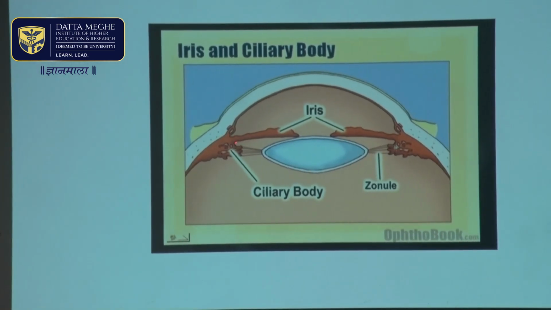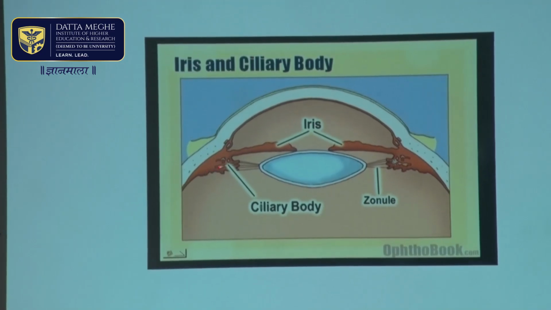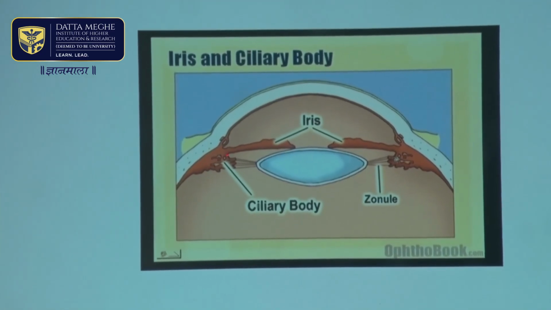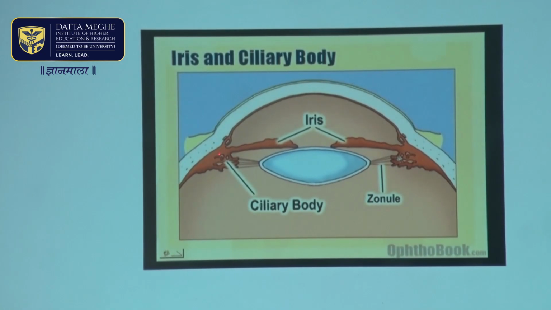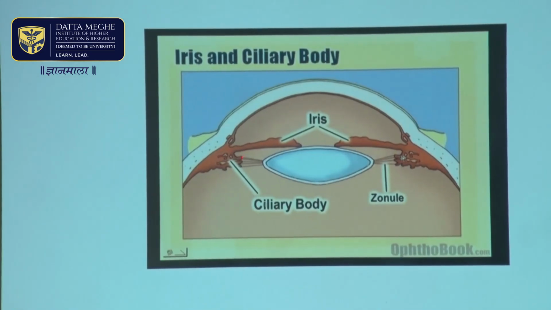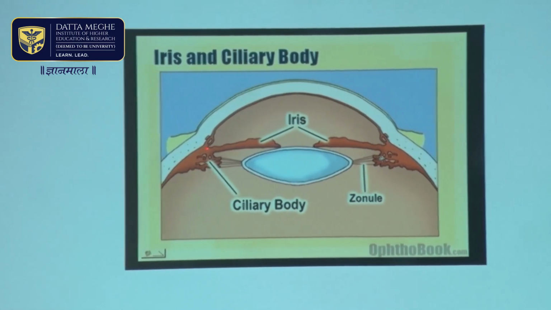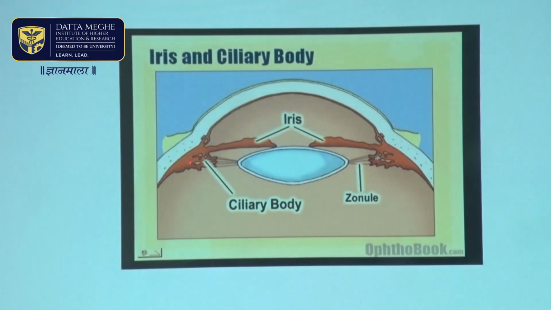Here you see the complete ciliary body, and the major part of the ciliary body is occupied by the ciliary muscle, and the rest are the ciliary processes. The ciliary body is divided into 2 parts, pars plicata and pars plana.